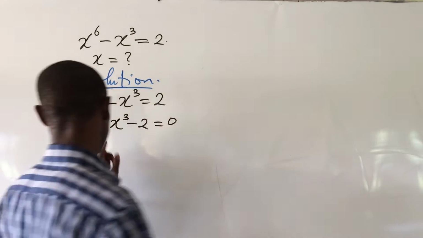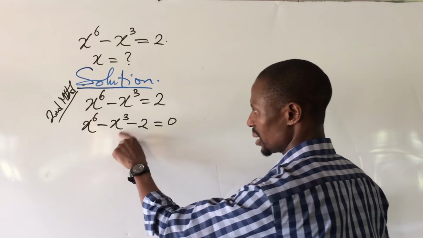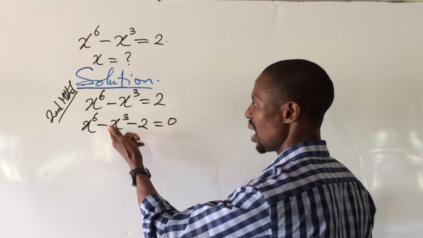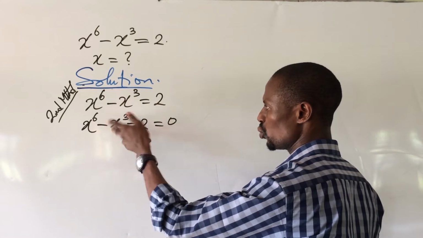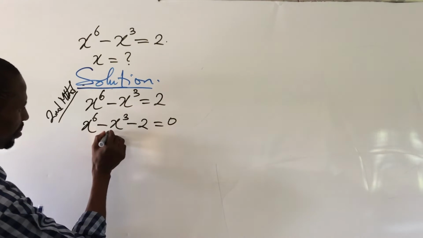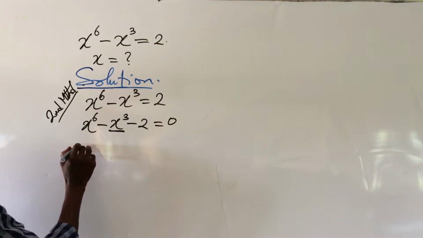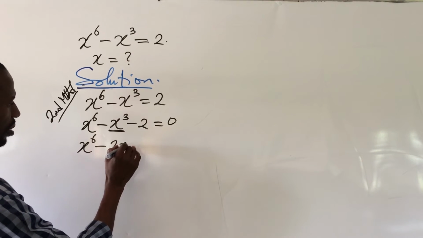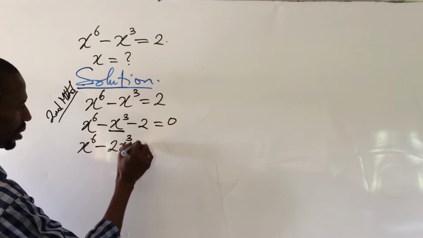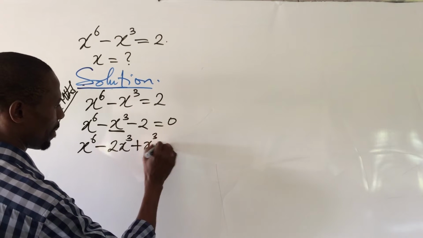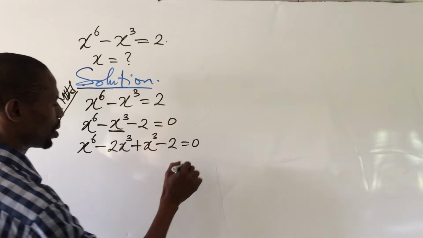Now, if you look at this minus x to the power of 3, if I rewrite this, it could also be written as minus 2x to the power of 3 plus x to the power of 3. In other words, if I rewrite this expression here, we're going to have x to the power of 6 minus 2x to the power of 3, then plus x to the power of 3 minus 2 equal to 0.